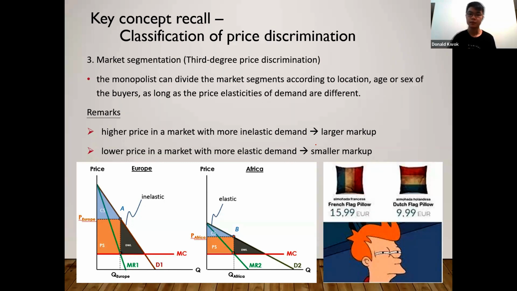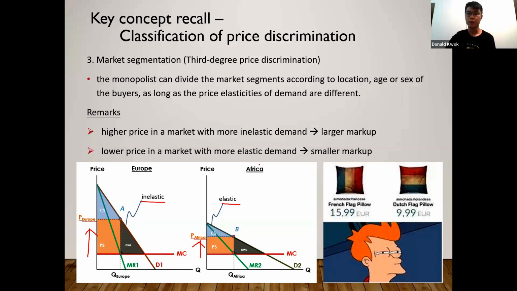Referring to the two diagrams below, if the monopolist is facing a less elastic demand, let's say in the Europe market, then the markup will be greater. Whereas in the Africa market, where the demand is more elastic, then the markup will be smaller. So to conclude, a more elastic demand means a smaller markup, and a less elastic demand means a larger markup.